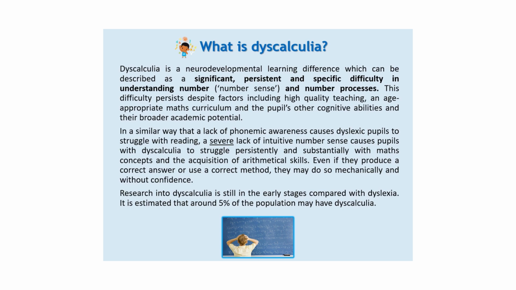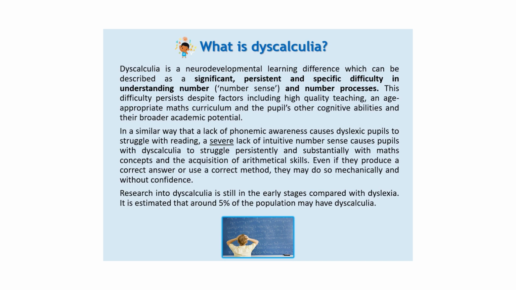In a similar way that a lack of phoneme awareness causes dyslexic pupils to struggle with reading, a severe lack of intuitive number sense causes pupils with dyscalculia to struggle persistently and substantially with maths concepts and the acquisition of arithmetical skills. Even if they produce a correct answer or use a correct method, they may do so mechanically and without confidence.